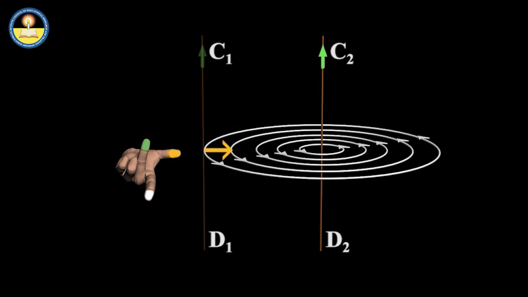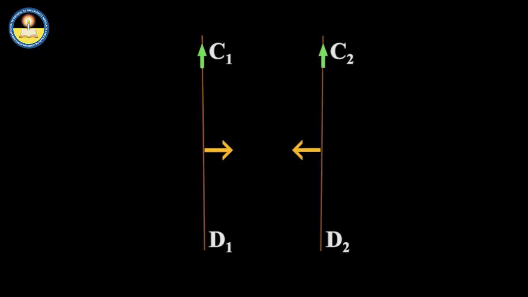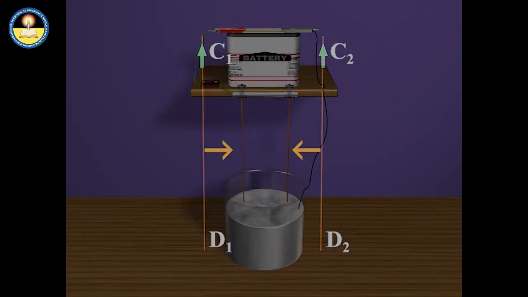Similarly, the direction of magnetic field due to conductor C2D2 is perpendicular to the plane and directed outwards, and the force experienced by C1D1 will be towards the conductor C2D2. That is, both the conductors attract each other.